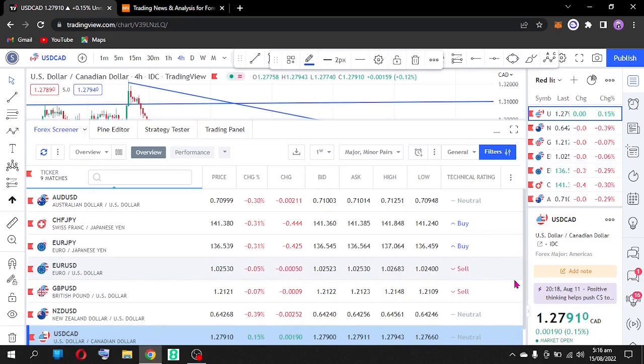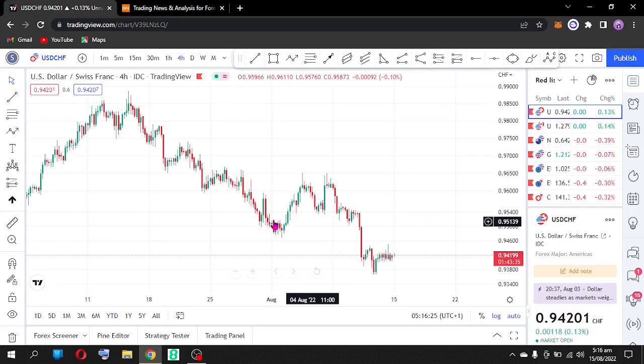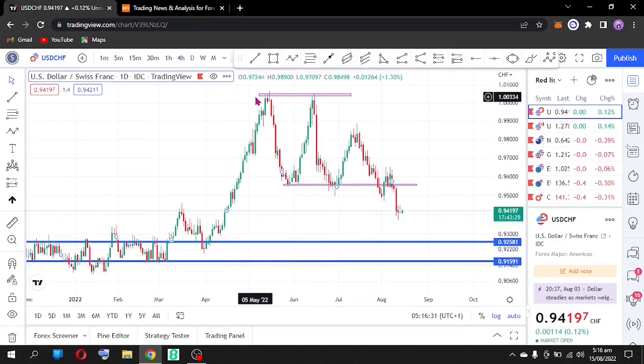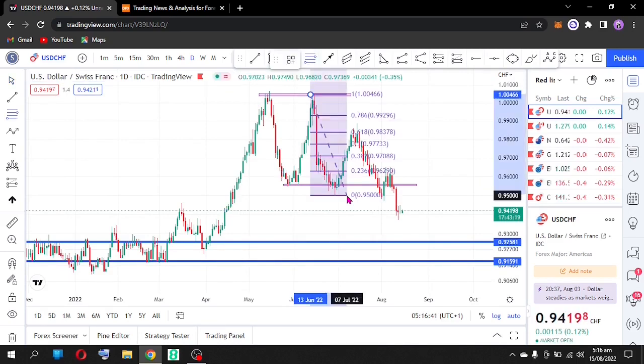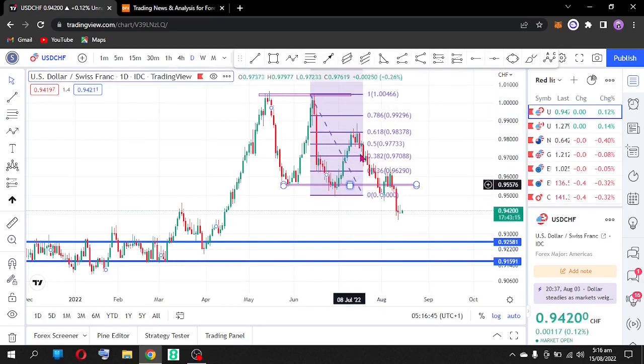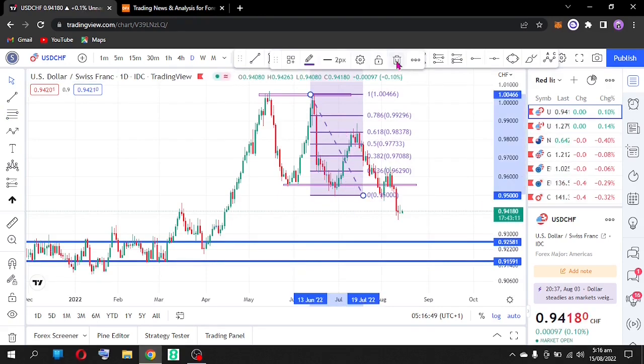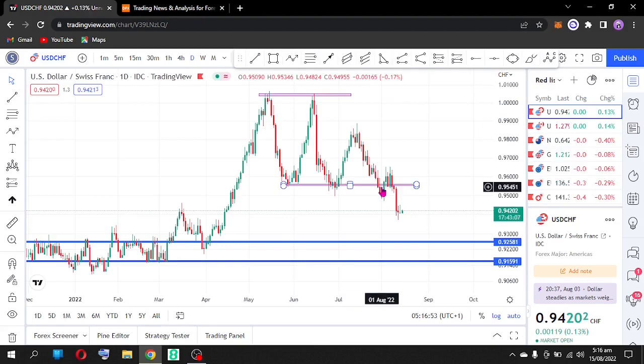The next currency pair is USDCHF. On the daily time frame, we had this resistance, double top, then it dropped. This pulled back to, let me see, yes, this pulled back to the 61.8 ratio, and then it dropped again to this support level, then it broke this support level.